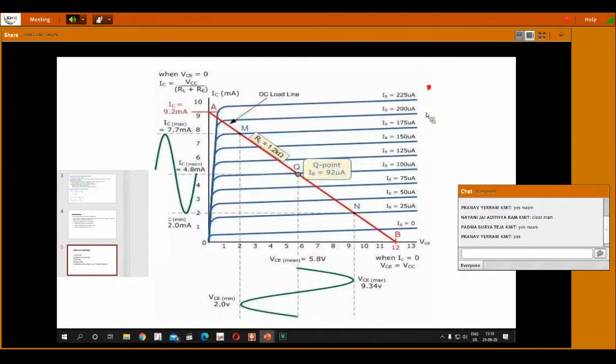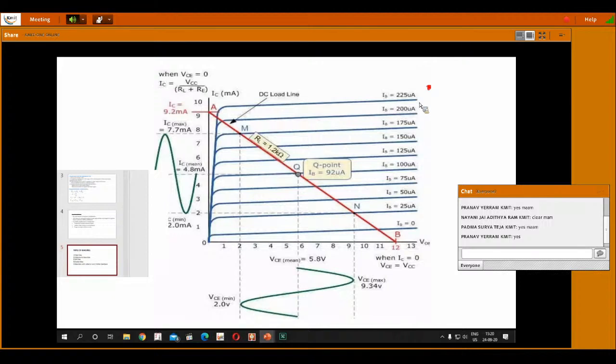Our operating point must be placed at the center of the DC load line for faithful amplification. Operation of the transistor in the breakdown region is avoided, since it may damage the transistor.